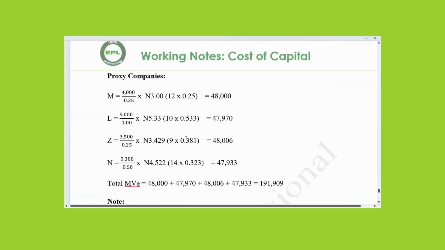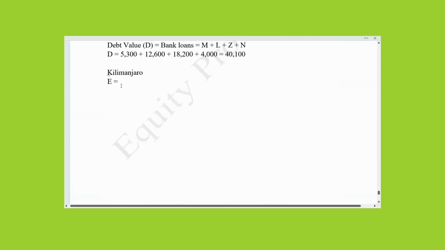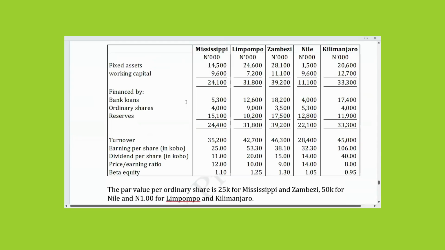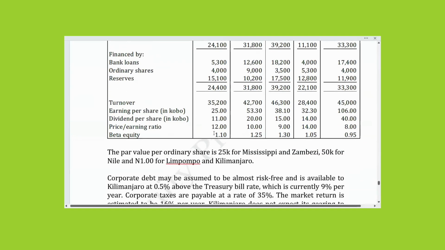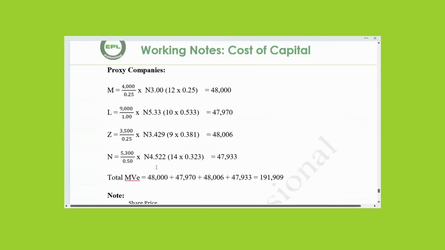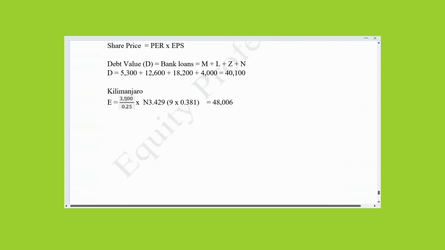Let me just copy one of them. The share capital of Kilimanjaro, according to the question, is 4,000. The par value of Kilimanjaro is 1 naira. So 4,000 divided by 1 naira.